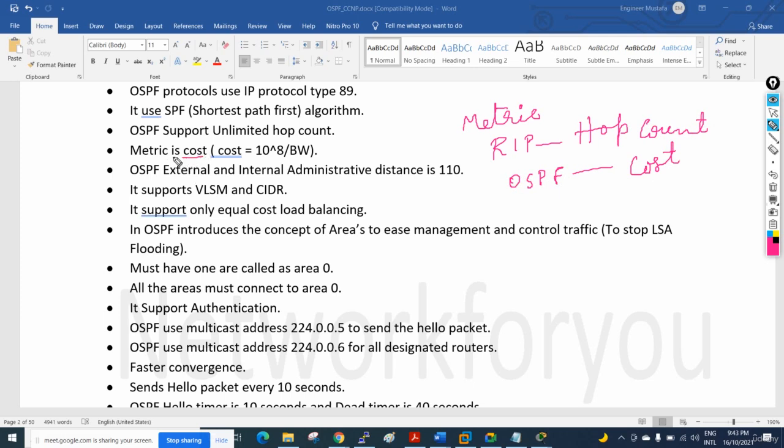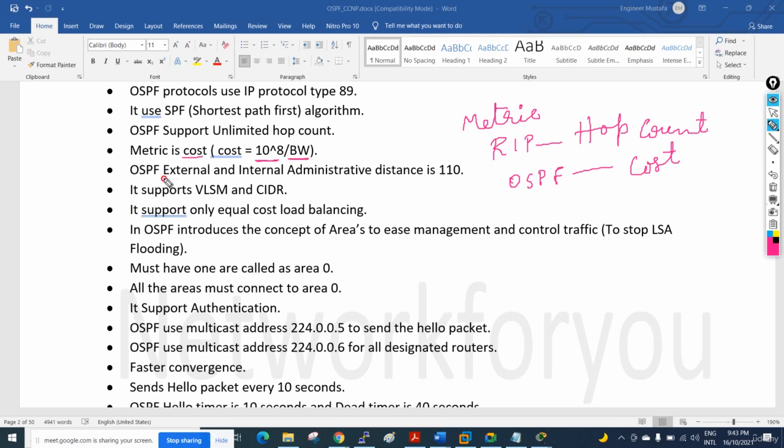Now just remember, OSPF has the metric cost, and we can calculate it with the formula 10 to the power of 8 divided by interface bandwidth. This is the reference bandwidth divided by interface bandwidth. When we divide, we get the cost. So whenever we have routes in our routing table, OSPF checks whichever has the lowest cost, and that route it stores in our routing table.